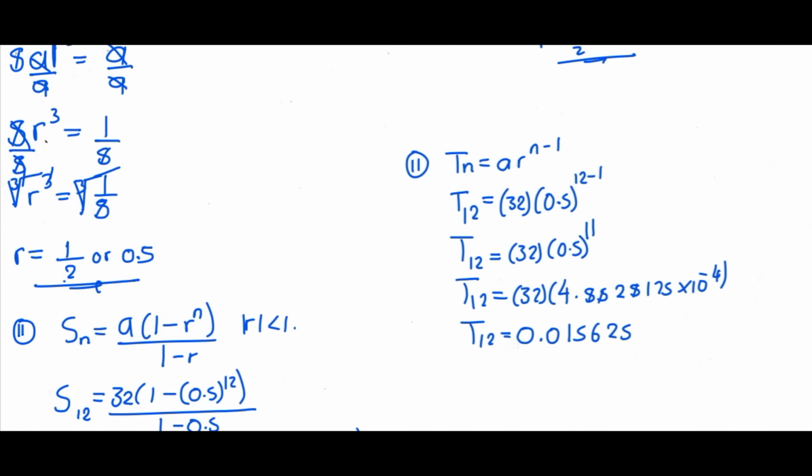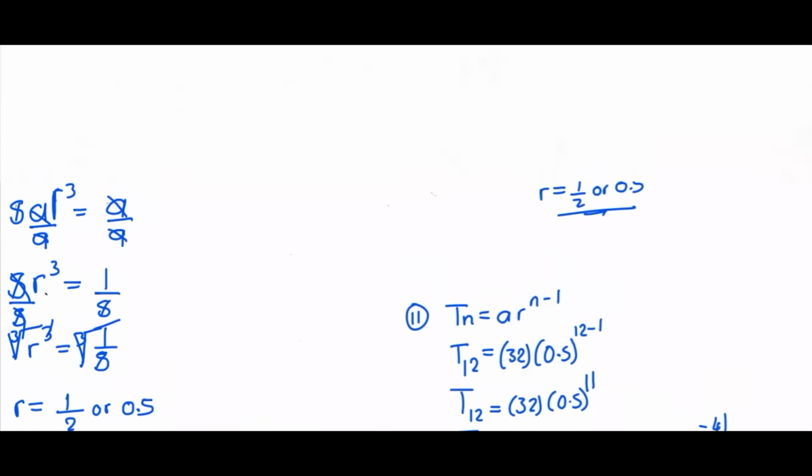If we want to write it in standard form, this is the same as 1.5625 times 10 to the power negative 2. So this is our answer on position number 12.